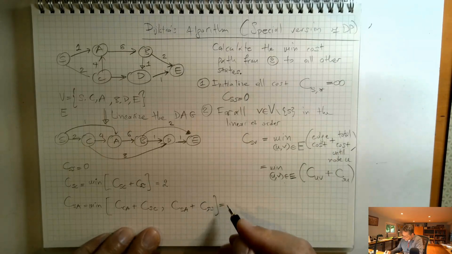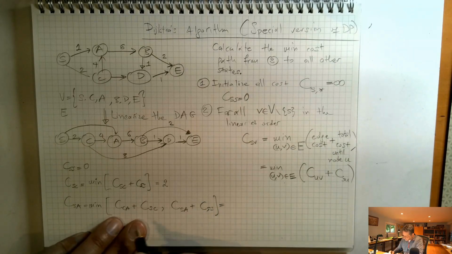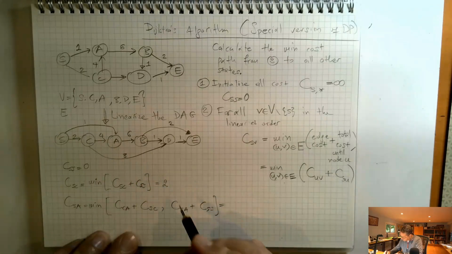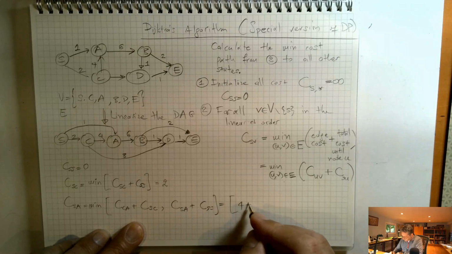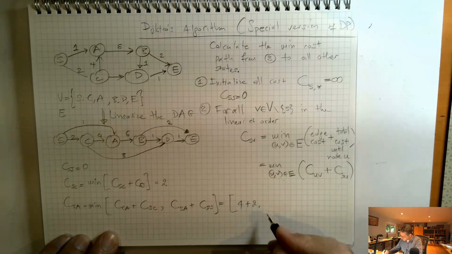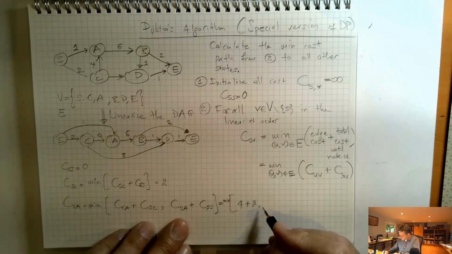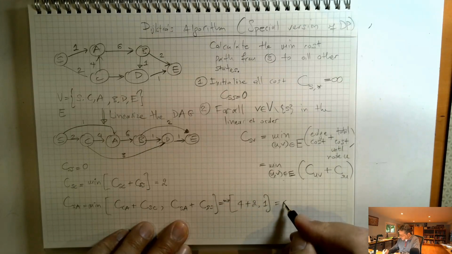So we have here the cost CA is 4, the SC is 2, so this is minimum, and then the other one is 1, and therefore the answer is 1.